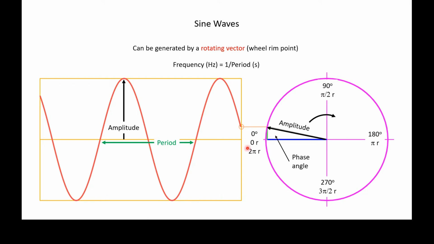around here. The other thing we talk about, apart from the size and the phase angle, is how long it takes to go around this circle. How long does it take to go from here and generate the complete sine wave, one sine wave, the period of the sine wave? And the period of the sine wave defines the frequency of that sine wave, because the reciprocal of the period is the actual frequency.